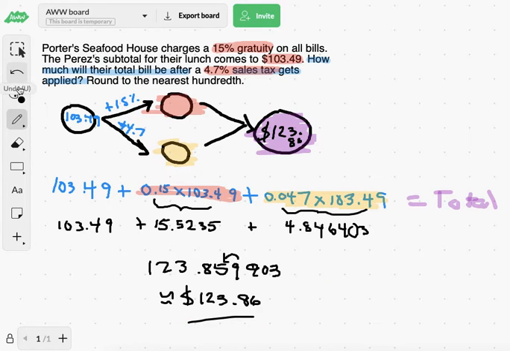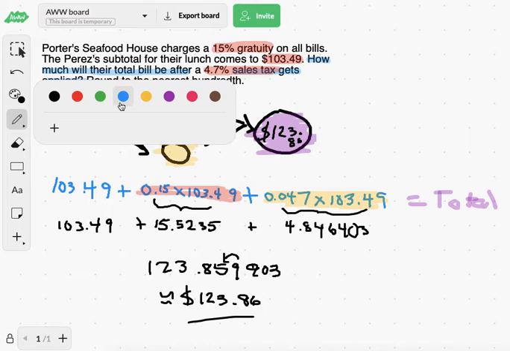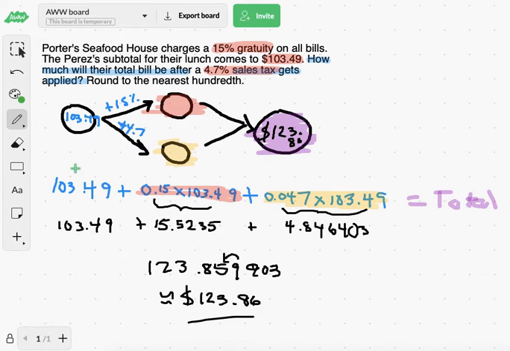So let me now briefly go through what this could have been using an expression. Let me use the color green. This is 100%. That's the original cost. This was 15%. And notice these things are getting added, okay? And this was 4.7%.